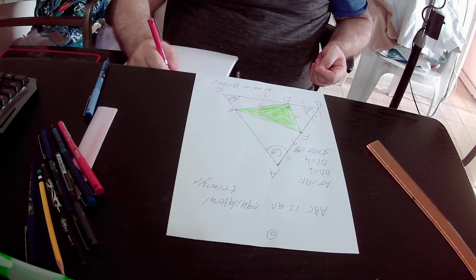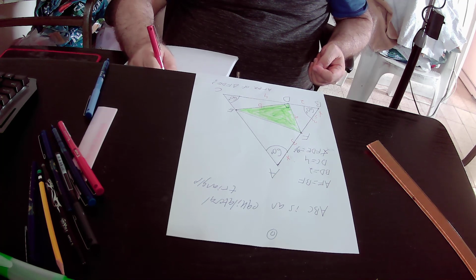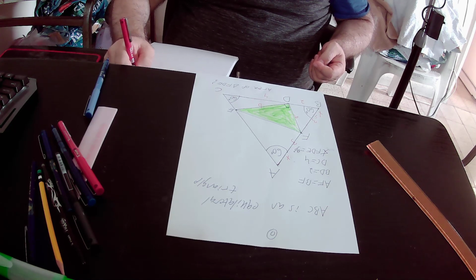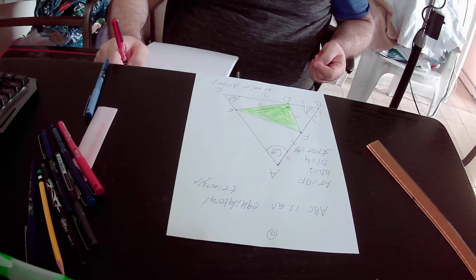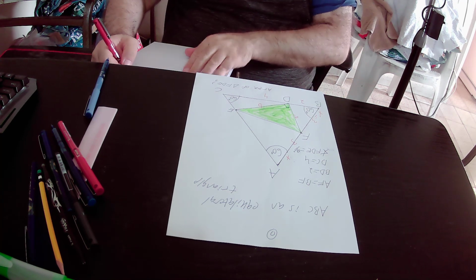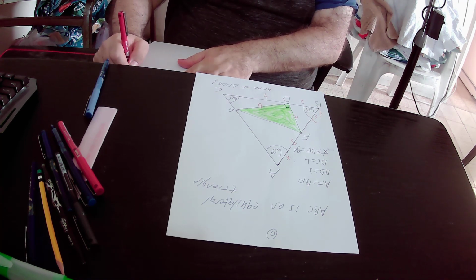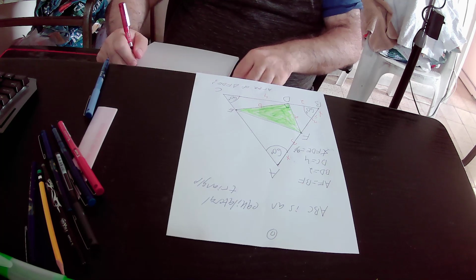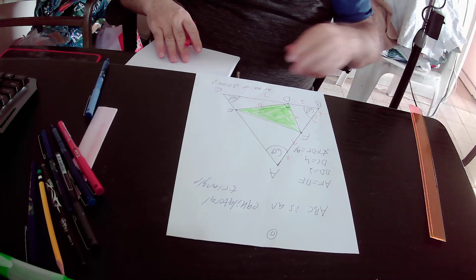What is the law of cosines? The law of cosines is true for all triangles.